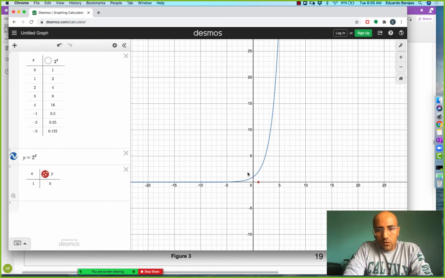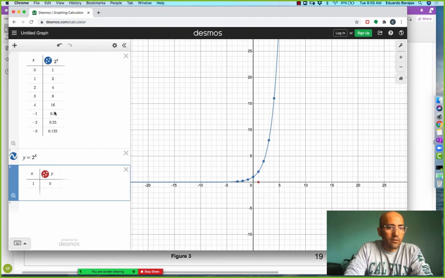I know that the original function has the point 0, 1. So reversing these, the inverse function should have 1, 0. If the exponential function 2 to the x power maps 0 over to 1, then its inverse function should map 1 back to 0, right? So we get that point.